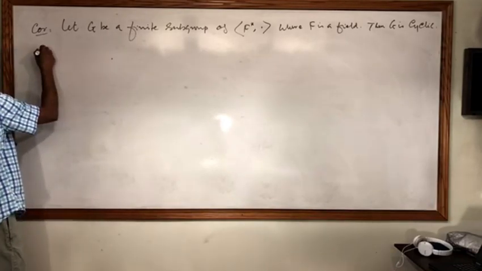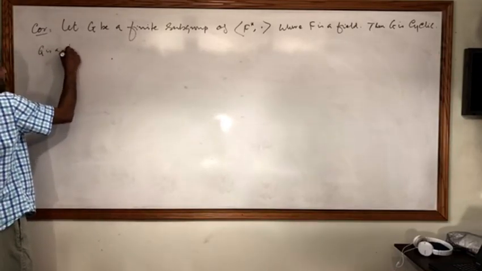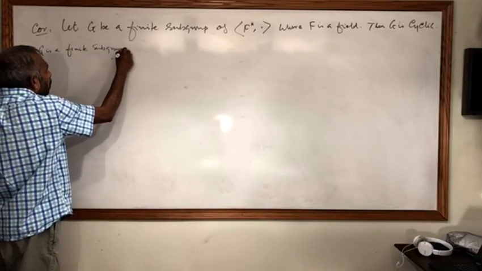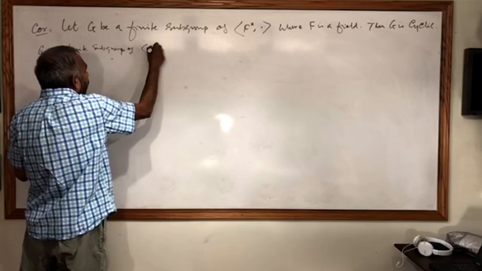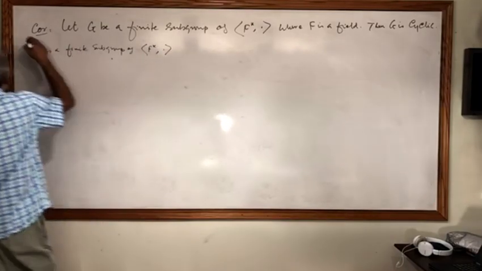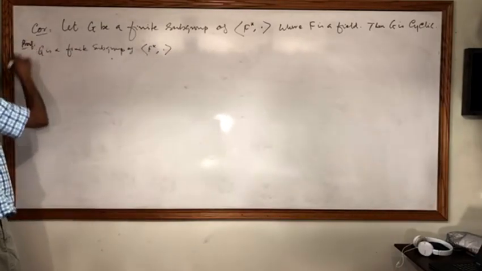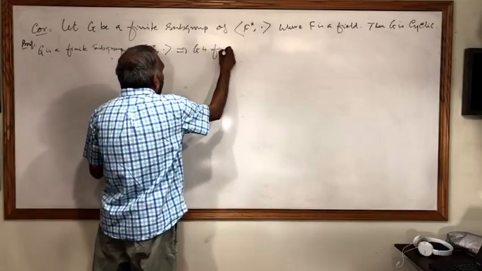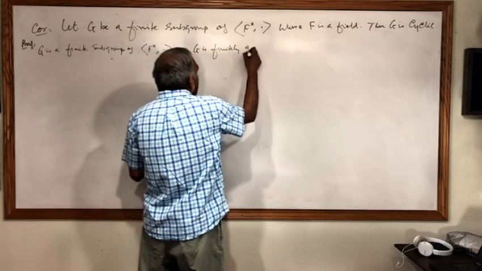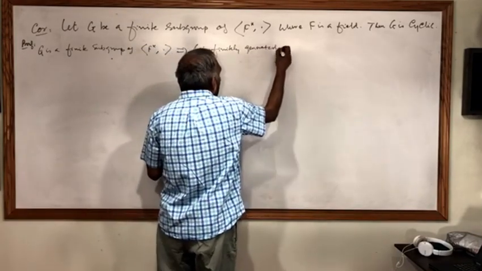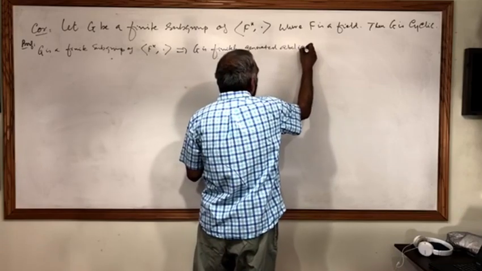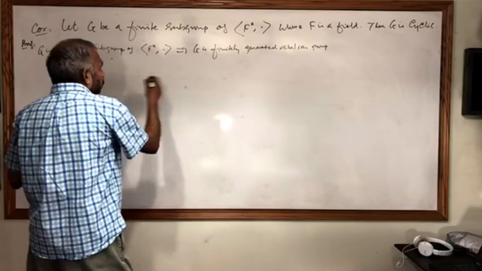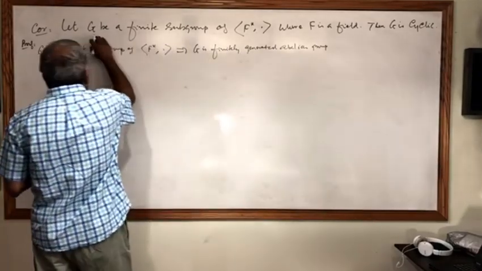So G is a finite subgroup of F star under multiplication. This implies G is a finitely generated abelian group. It is finitely generated because it is finite.